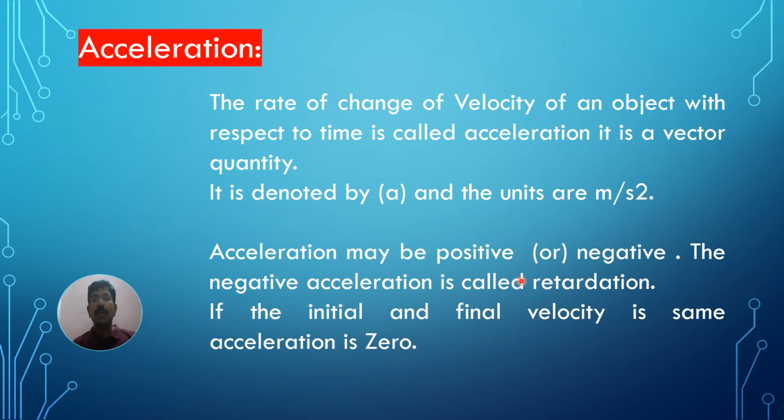Acceleration may be positive or negative. The negative acceleration is called retardation. When the speed or velocity of the body increases, we say that the body is moving with positive acceleration.